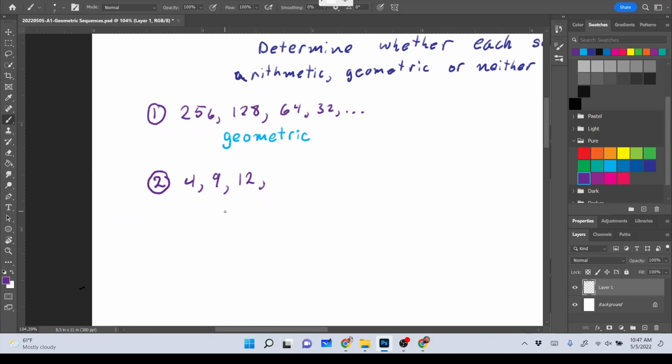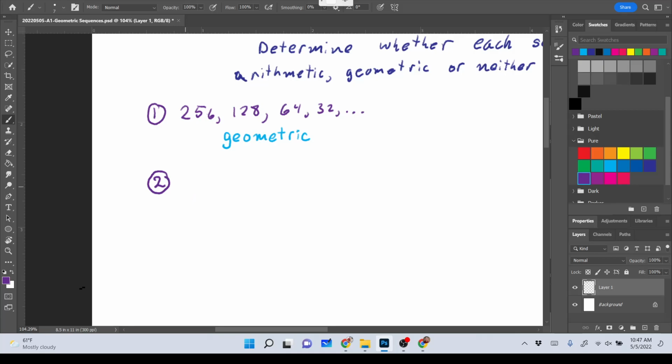I don't like this example, but it's okay. I don't like this example at all. We're going to kill this one.